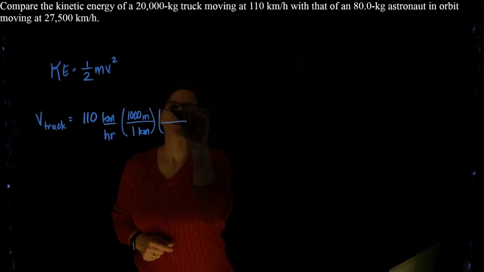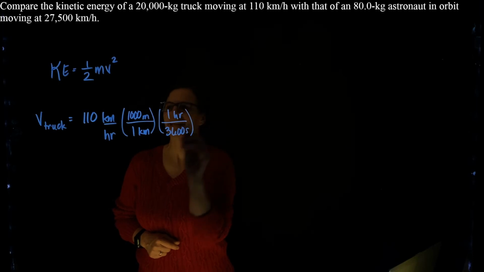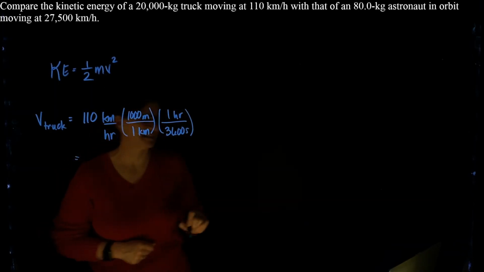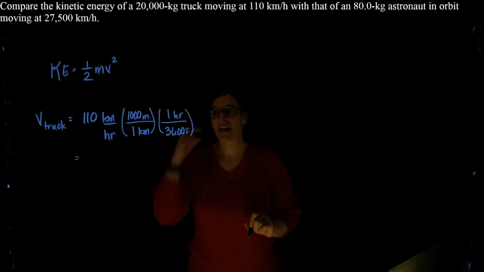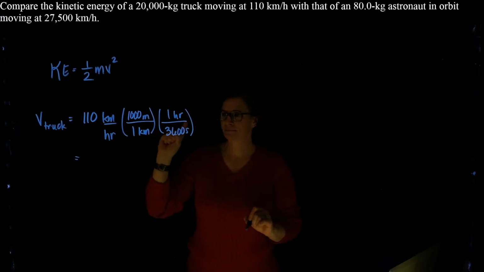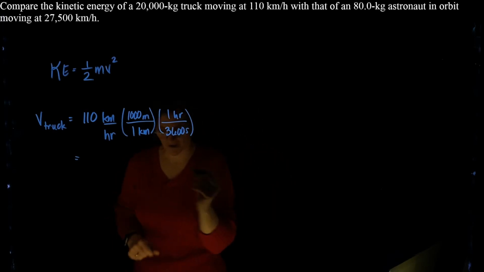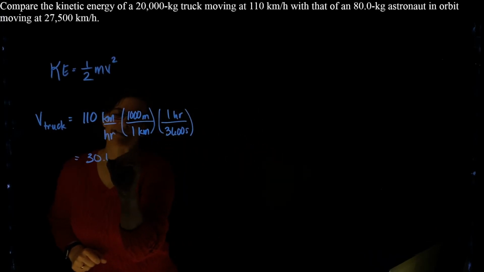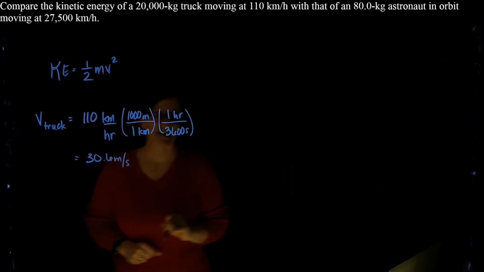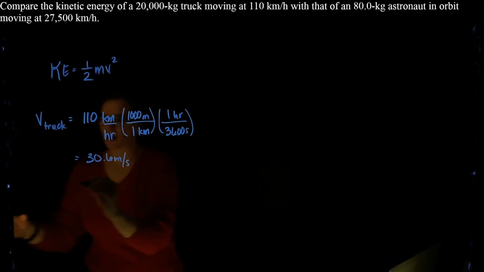And I know that in 1 hour, I have 3,600 seconds, and that gets seconds into my denominator. So our truck is 110 kilometers per hour. In meters per second, that truck is going 30.6 meters per second.